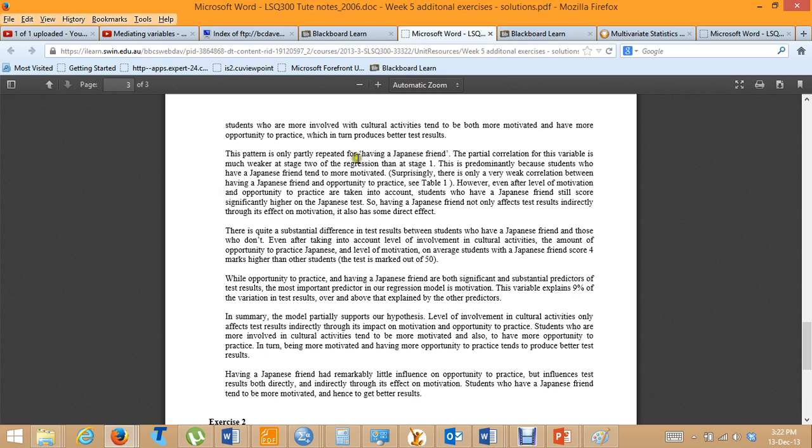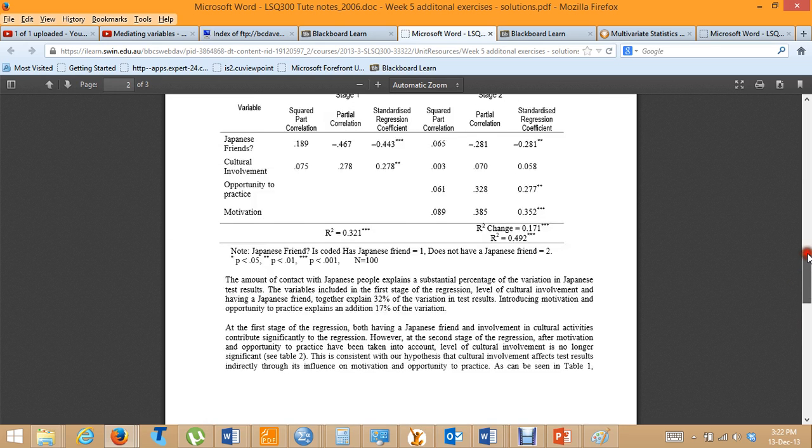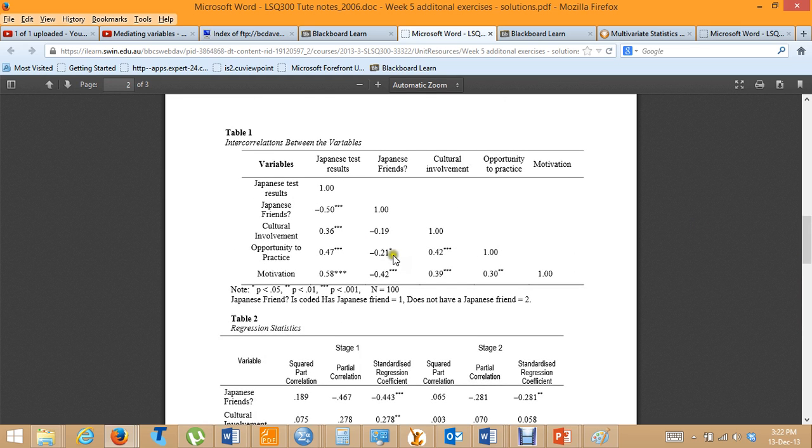So this pattern is only partly repeated for having a Japanese friend. The partial correlation for this variable is much weaker at stage 2 of the regression than at stage 1. And this is predominantly because students who have a Japanese friend tend to be more motivated, because the correlation between having a Japanese friend and the two mediators is stronger for motivation than it is for opportunity to practice. That's what that's saying.